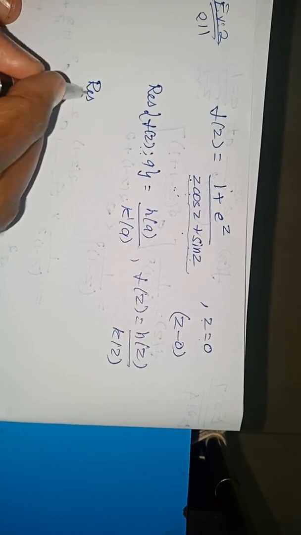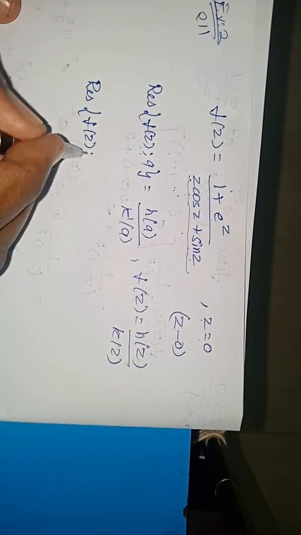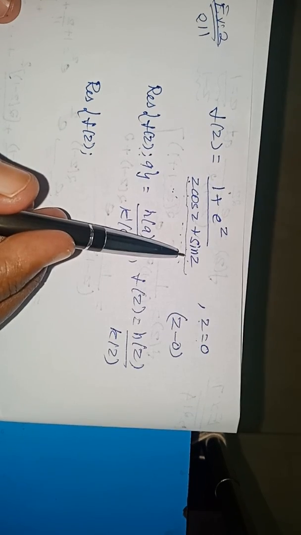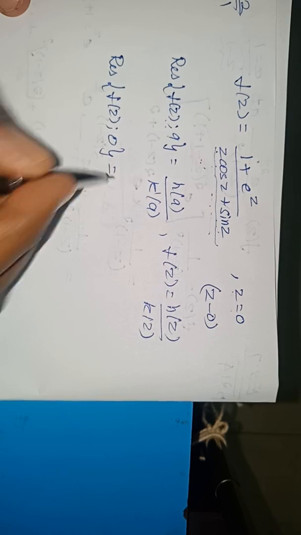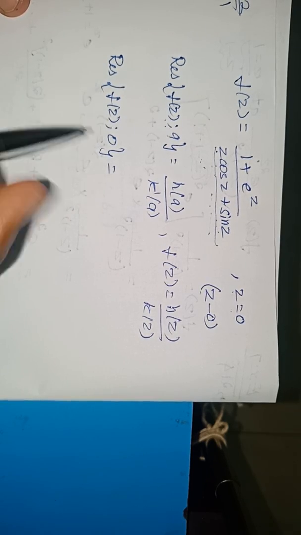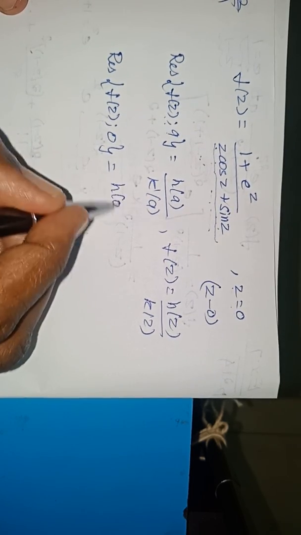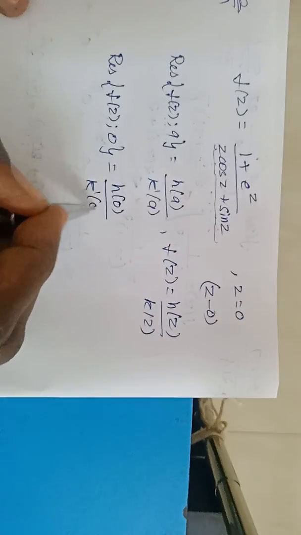So let me use this third method to find the residue here, since my denominator is in the form of a trigonometric relation. As they have mentioned the point as 0, we are going to find the residue at the point 0. So h of 0 by k dash of 0.